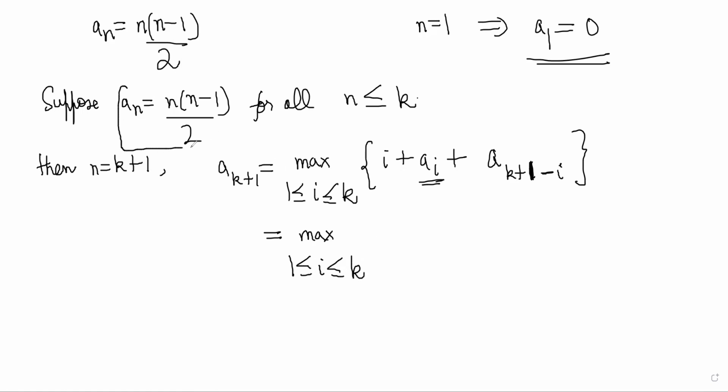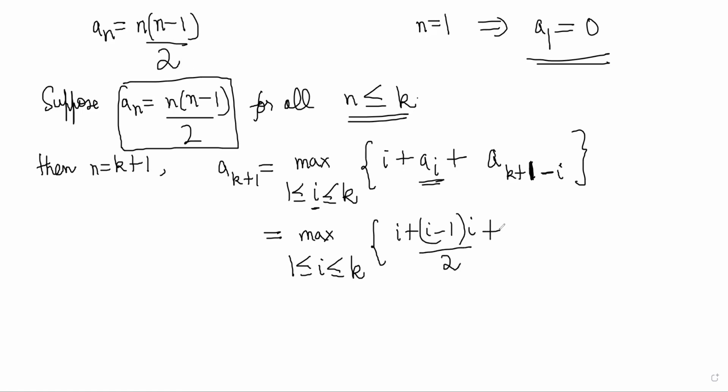We know that this is true for all n less than or equal to k, and here i is less than k. So we can write it as i plus i minus 1 into i by 2, plus this also is less than or equal to k, right? Because i is greater than 1, so 1 minus i is negative. So this whole thing is less than or equal to k. So we can write this as k plus 1 minus i multiplied by k minus i by 2, right?